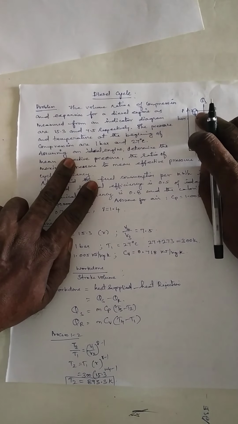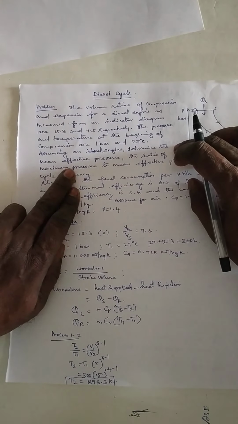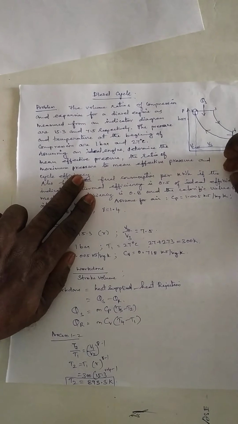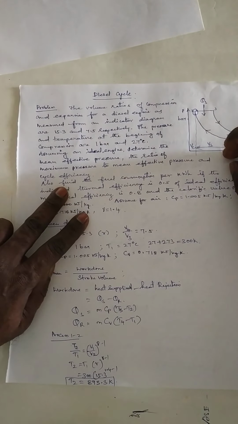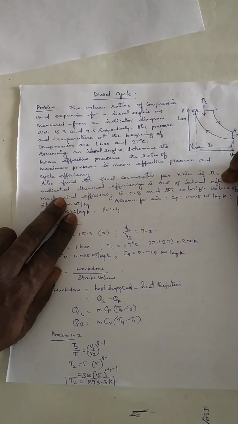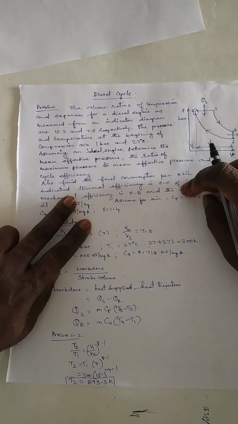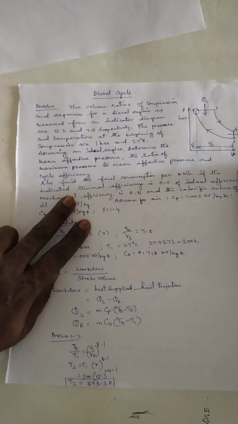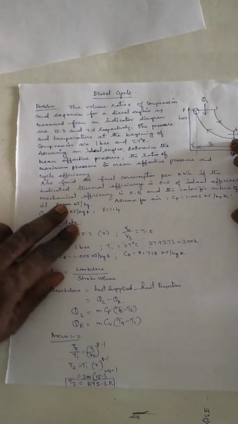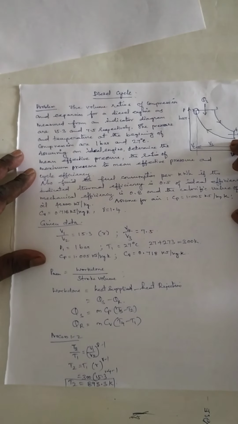Assuming an ideal engine, determine the mean effective pressure, the ratio of maximum pressure to mean effective pressure, and cycle efficiency. Also find the fuel consumption per kilowatt hour if the indicated thermal efficiency is 0.5 of ideal efficiency, mechanical efficiency is 0.8, and the calorific value of oil is 42,000 kilojoules per kg.